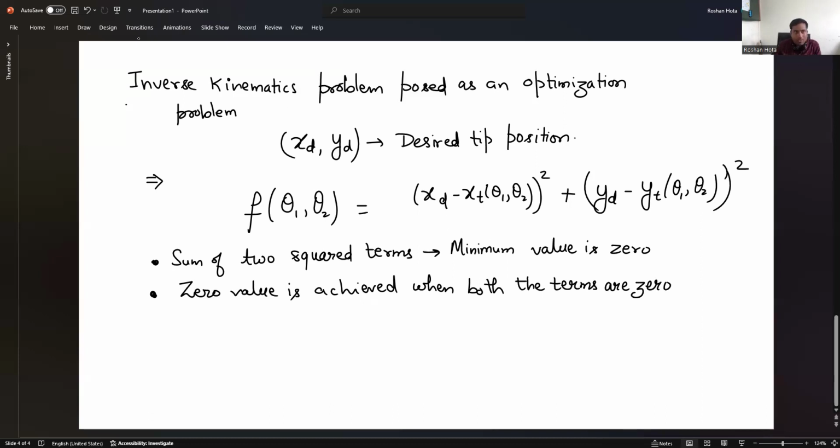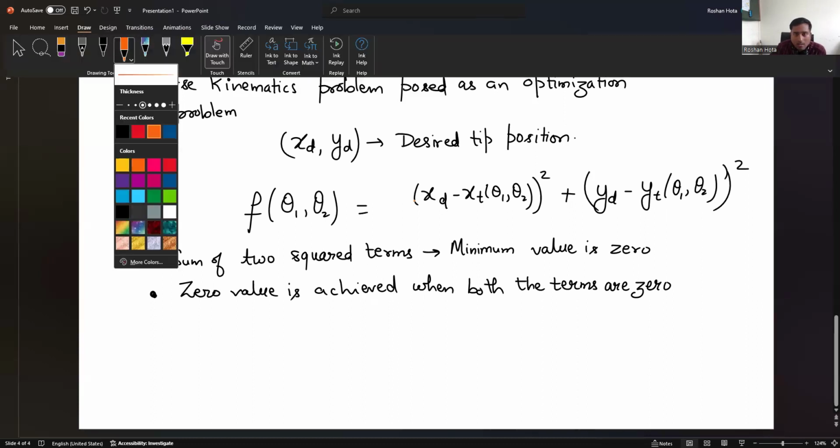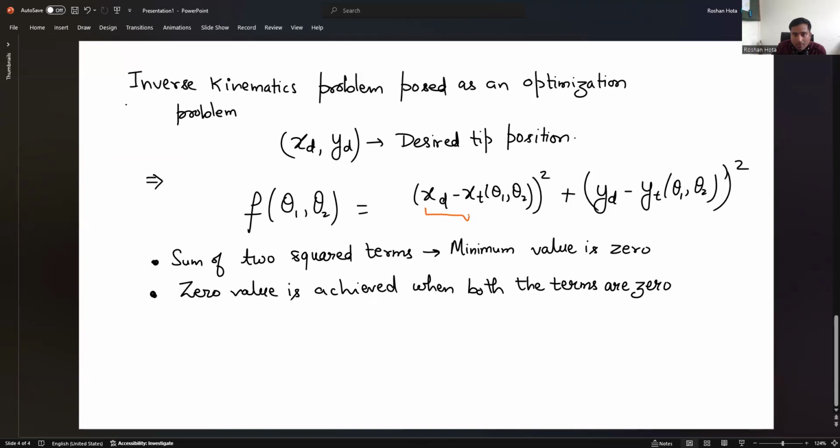So the 0 value will be achieved only when term 1 here is equal to 0, and term 2 here is also equal to 0. If it is anything but 0, suppose it's some positive value or some negative value, the sum of that positive value squared or that negative value squared will not be equal to 0, right?